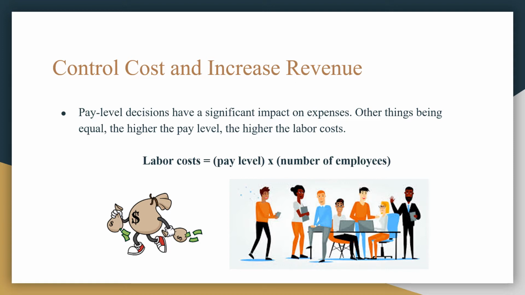This will cause the labor cost to lower as well. If the number of employees lowers, the pay level should stay the same. If the budget for the company gets higher, the pay level can get higher. If it lowers, the pay level will lower, meaning labor cost is not a fixed number. It depends on pay level and number of employees at all times.